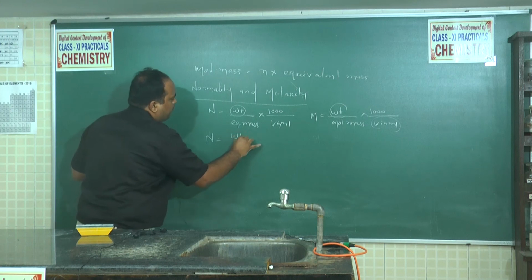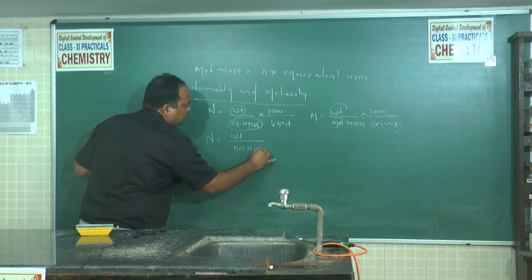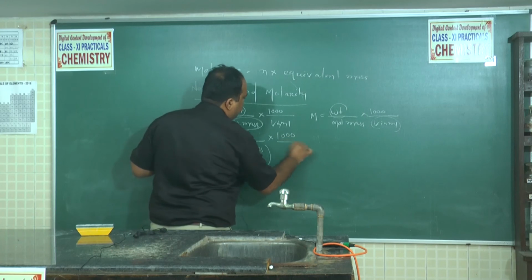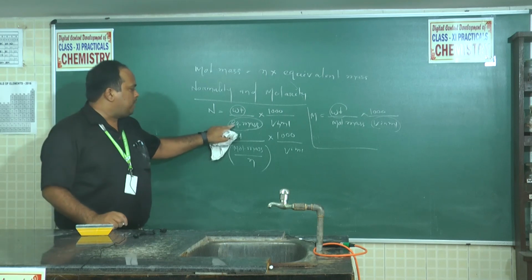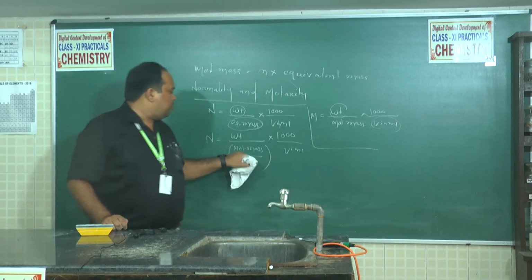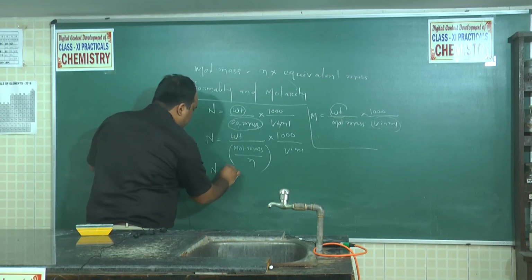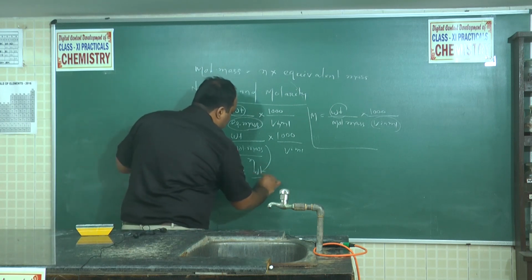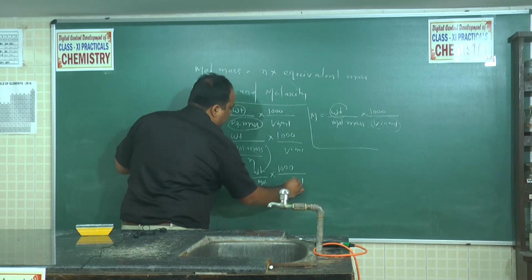Normality is equal to weight by equivalent mass, and equivalent mass is molecular mass by N, into 1000 by V in ml. So N equals N into weight by molecular mass into 1000 by V in ml.